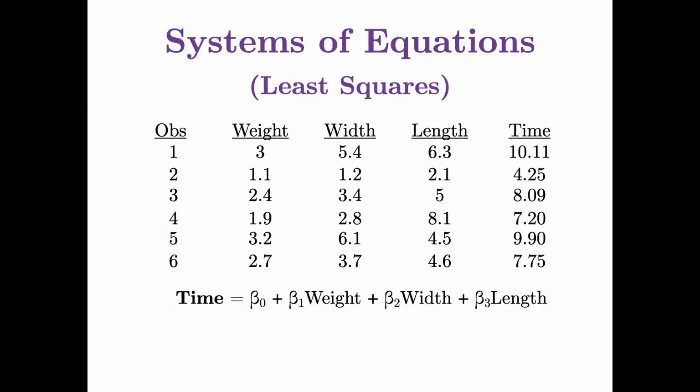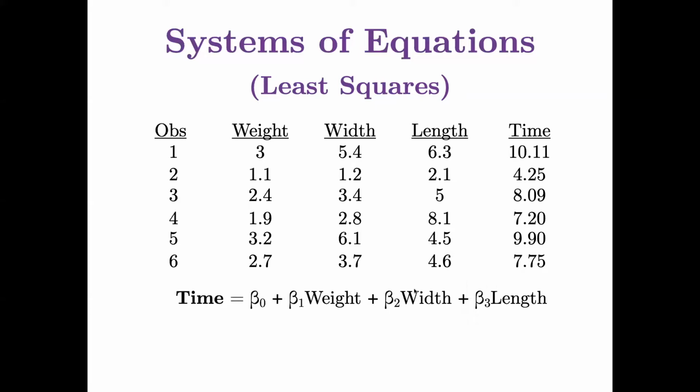Let me take you through an example with some data and show you how regression analysis can be seen as a system of equations. Here I have 6 observations. Let's say that they are packages and I have their weight, their width, and their length, and then the time it took to review that package.